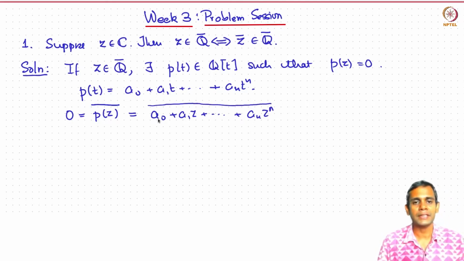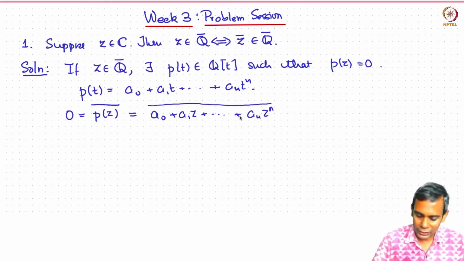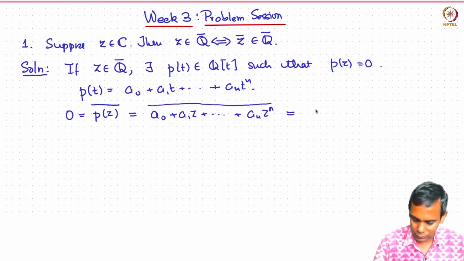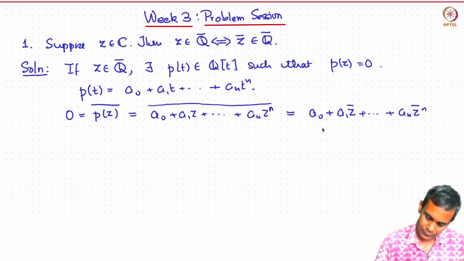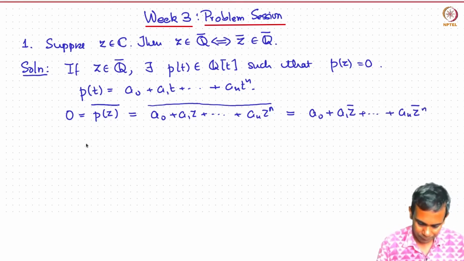But these coefficients a0, a1 up to an are rational, and therefore they are in fact real numbers. So I can write this as a0 plus a1 z bar plus ... plus an z bar to the n. But this is nothing but p of z bar.